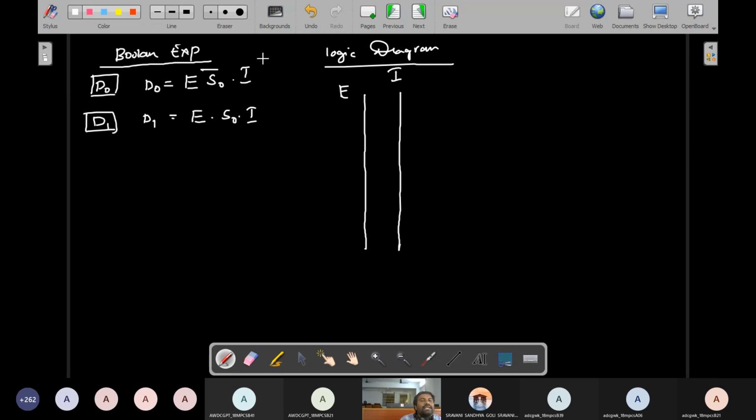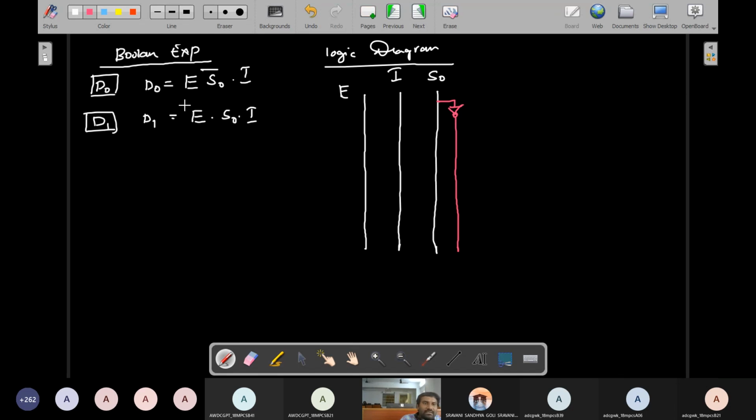Selecting line is nothing but S0, and their complement. I'm using another color for the complement. This is through a NOT gate. We will take their complement. So this is the S0 equal to 1 case, white color. S0 equal to 0 case is a pink color. So this is actually the diagram.